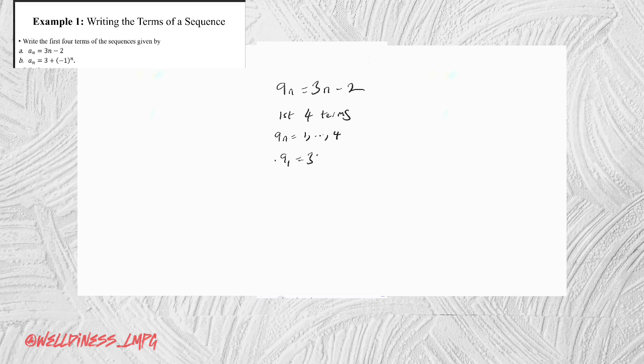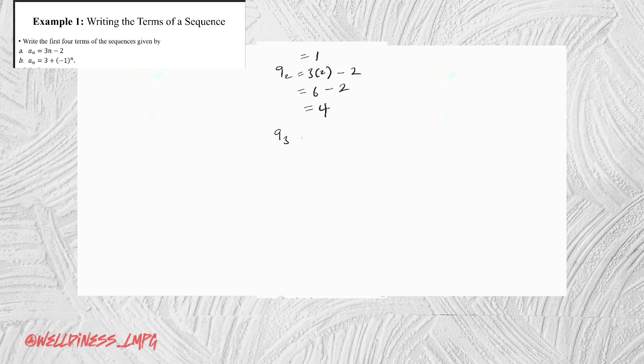So for a1, when you slot in 1 into n, you are going to have 3 times 1 minus 2, and we know that 3 times 1 is 3, and 3 minus 2 is 1. Now for a2, all we have to do is substitute 2 into n, and we're going to have 3 times 2, which is 6, minus 2, and we know that 6 minus 2 will give you 4.